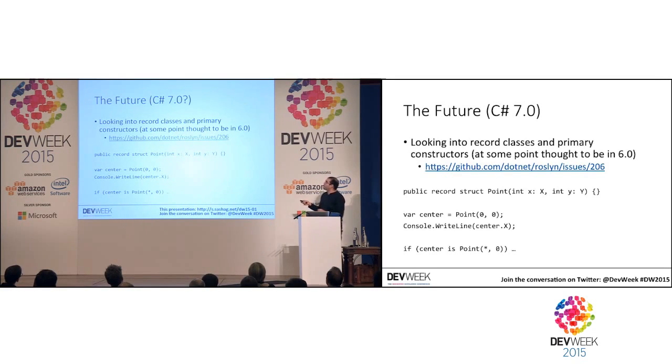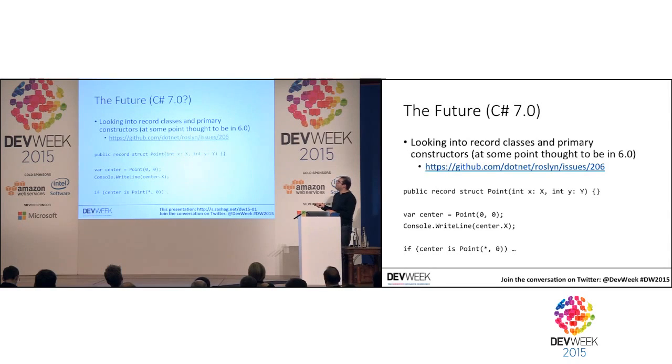So here's an example of a point record type, which has an x coordinate exposed as an x property, and the y coordinate exposed as a y property. So the capital X and capital Y here are the property names, and int x and int y, lowercase, are the constructor parameter names. And the syntax is really compact. Now, to create record types, you don't use new in this proposal. Again, it's all just theoretical, hypothetical proposals for some future version of C#.